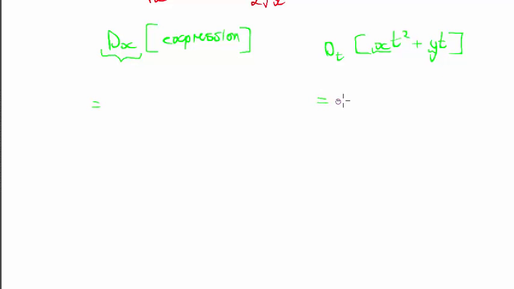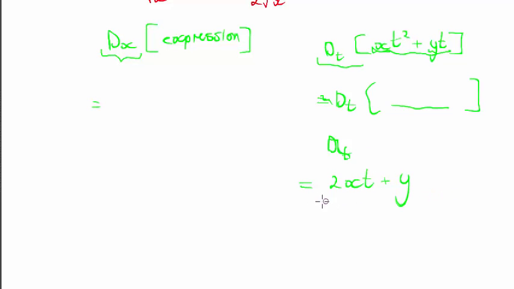So for example, the moment you find the expression, sometimes you must simplify it first, then you'll keep the d/dt. For as long as you're working inside, you keep the d/dt or the d/dx, whatever it is. But the moment you find the derivative, the d/dt is gone, because the d/dt says find the derivative of inside. So if you have the derivative, you don't put the d/dt in front, because then you're saying find the derivative of inside. So when I find this, this becomes 2xt plus y.